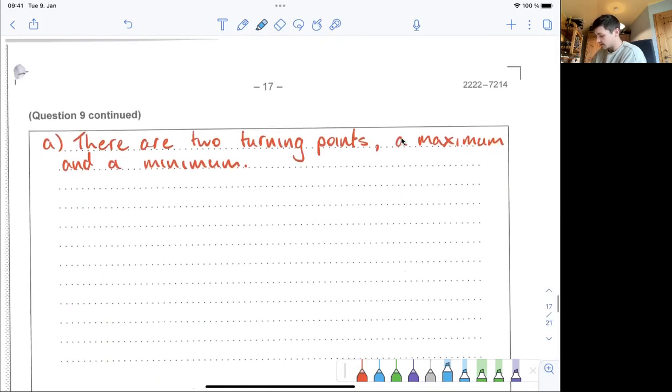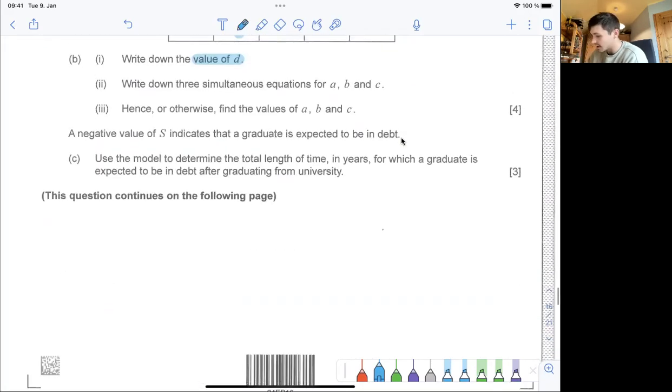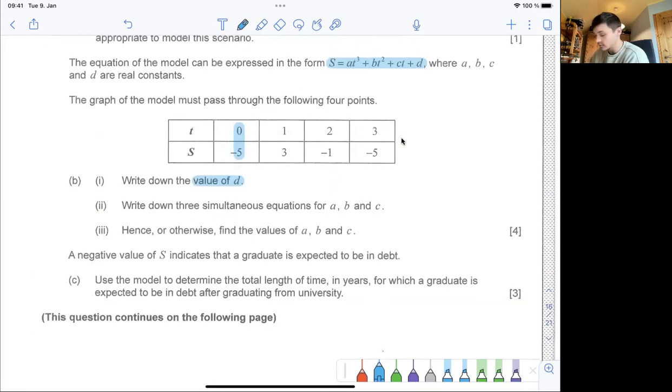So if I write that out down here, we'll have B. If we said S, and we'll write in sub, t is equal to 0 and S is equal to -5, from this first bit of the table.